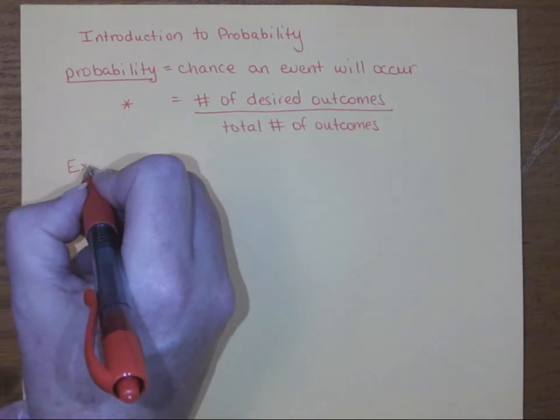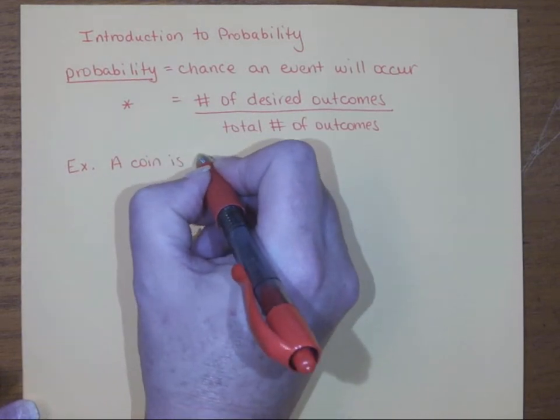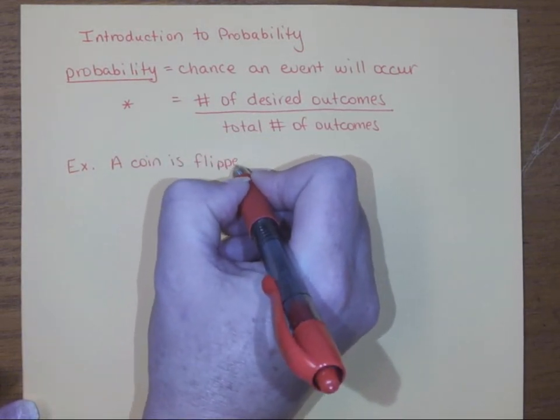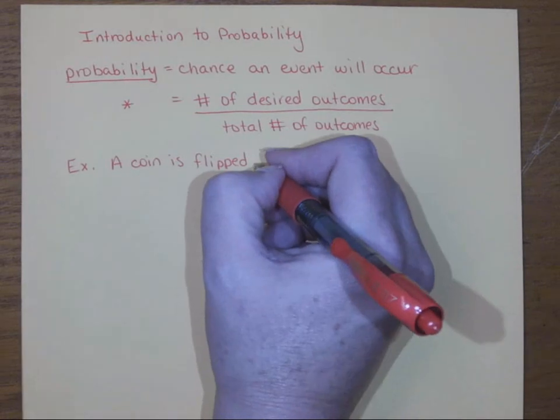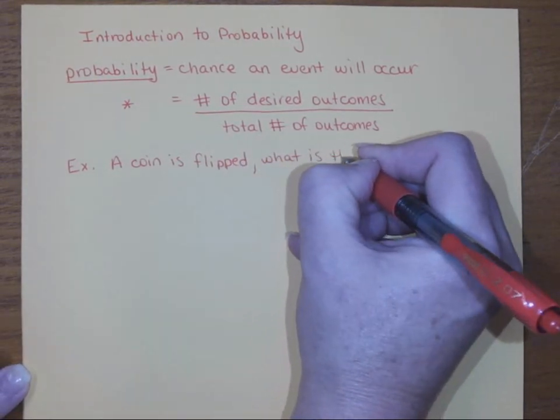Okay, so one of the more basic ways to show probability is with a coin flip. So if a coin is flipped, as long as there's nothing wrong with it, what is the probability that it lands on heads?